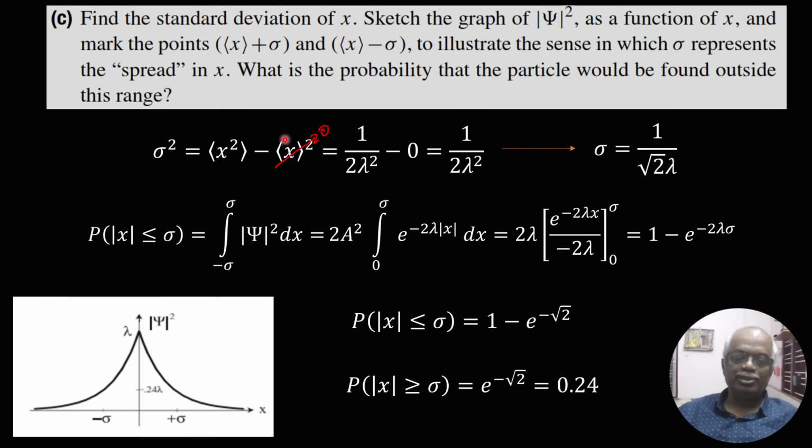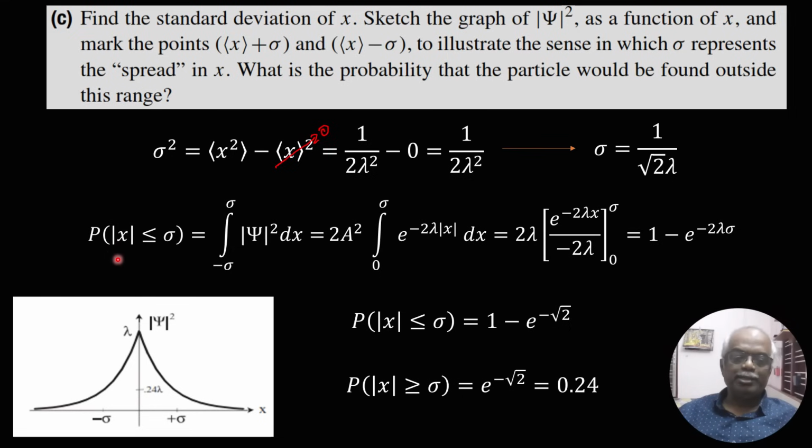So sigma squared is 1 over 2 lambda squared. Then sigma, naturally, you take the square root, that is sigma is equal to 1 over square root of 2 lambda.